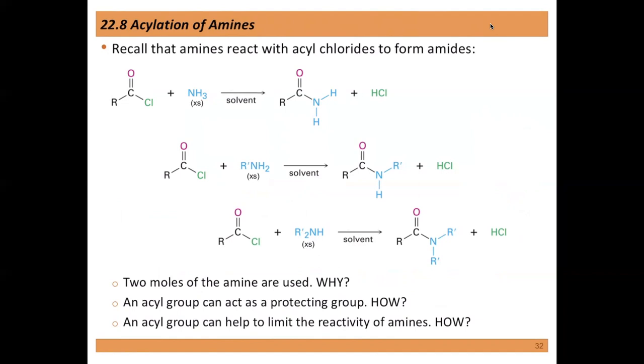So the reactions of amines, we can acylate them, meaning we can react them with an acid chloride or even an anhydride or even an ester and make amides. And what's interesting about this is it's somewhat circular, because from the amide, if we took lithium aluminum hydride, we could also make an amine.